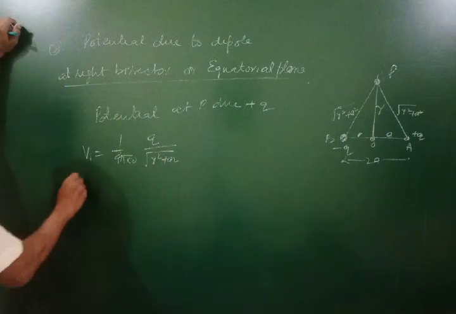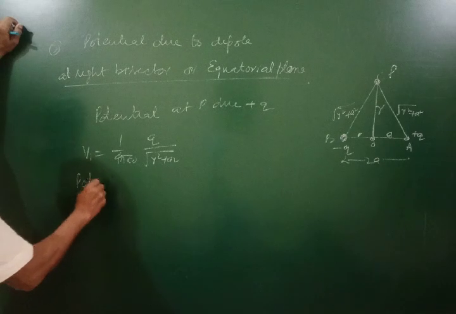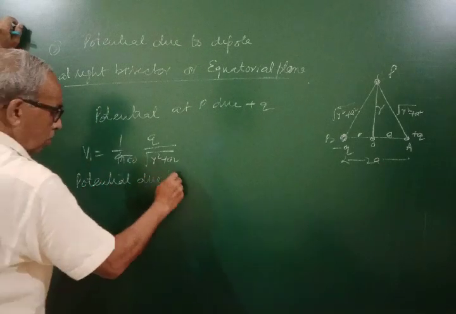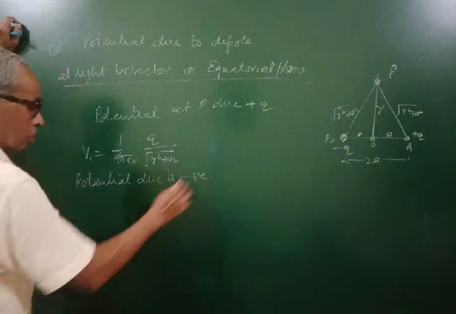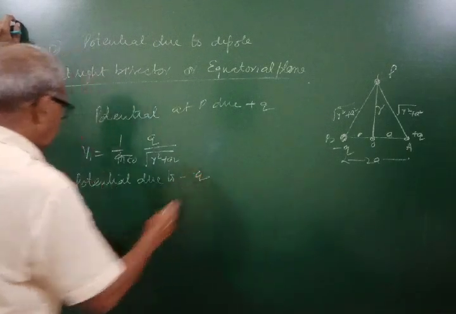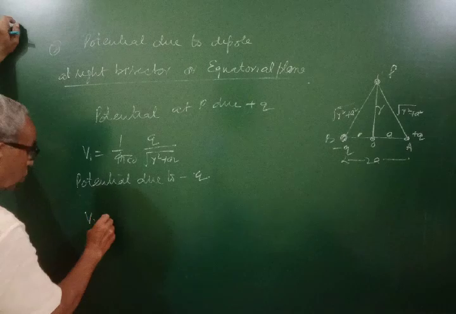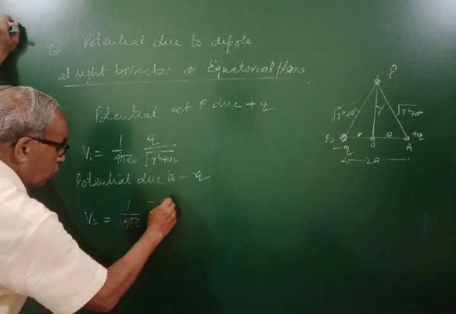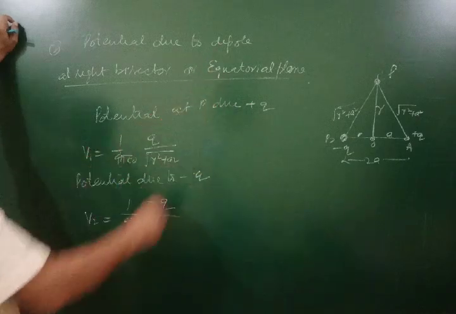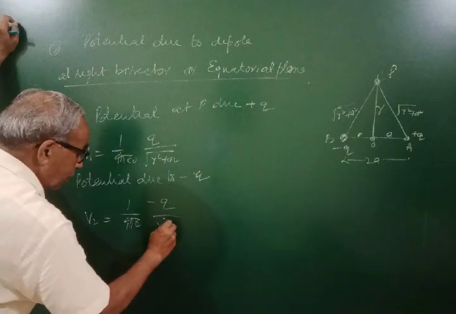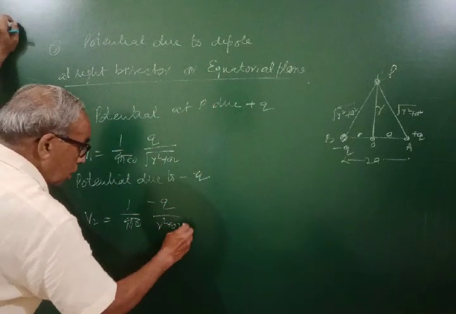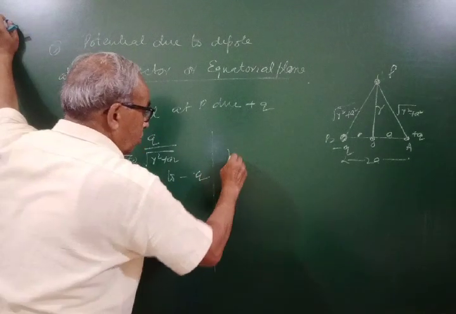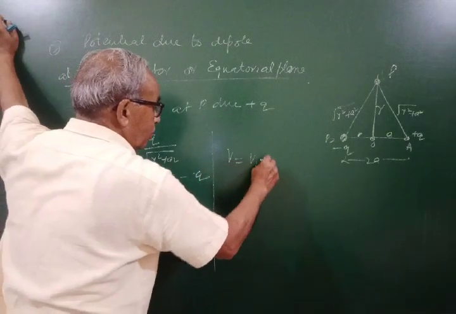Similarly, potential due to minus Q, V2 is equal to 1 upon 4 pi epsilon 0 minus Q upon PB, which is also under root r square plus a square. So total potential V equal to V1 plus V2.